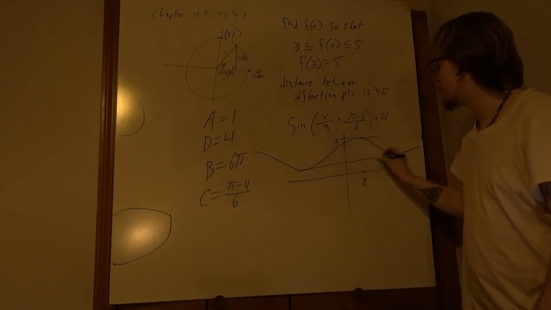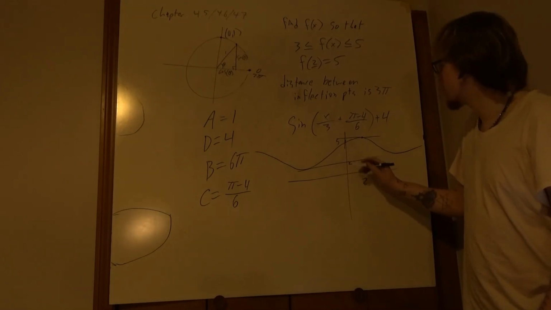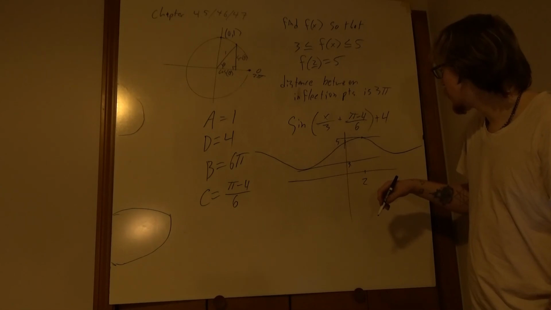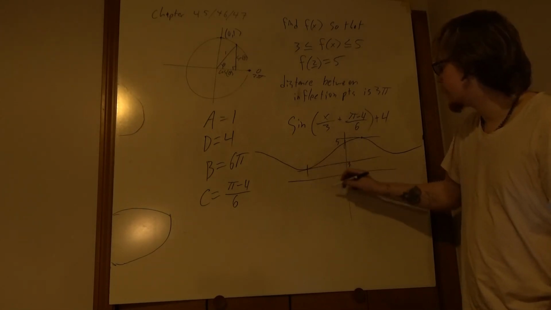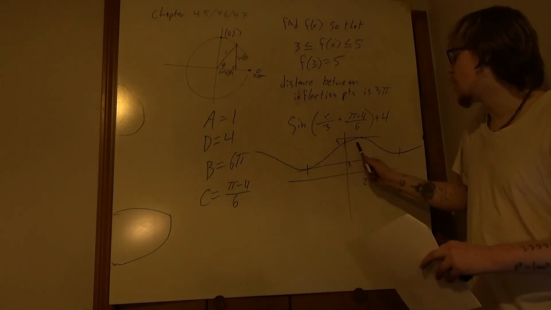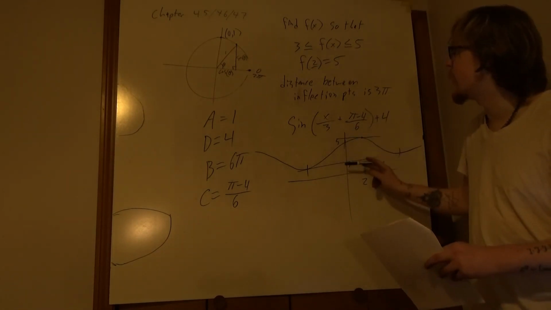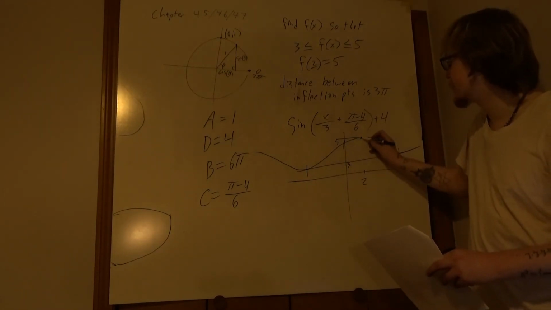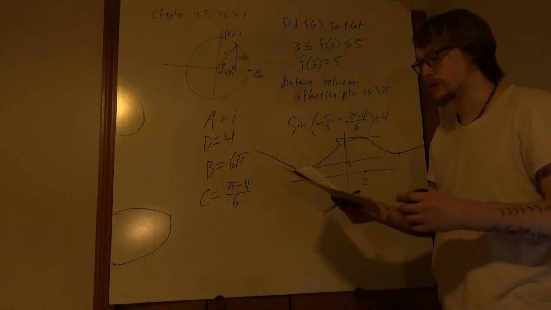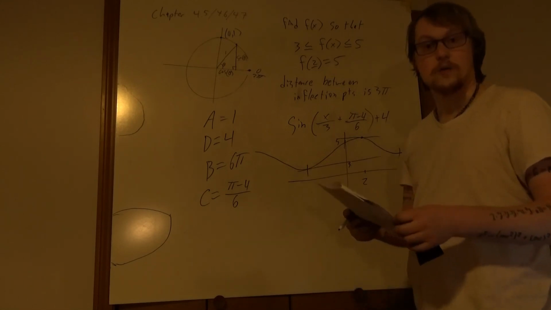And it's going to have a minimum at, dang it, I almost did it again. It's going to have a minimum at 3. So, yeah, the period is going to be 6 pi, the amplitude is going to be 1, it's going to be bounded perfectly between 5 and 3, and it has its maximum at 2. So, we did it. We checked off all the little boxes, and that question is done.